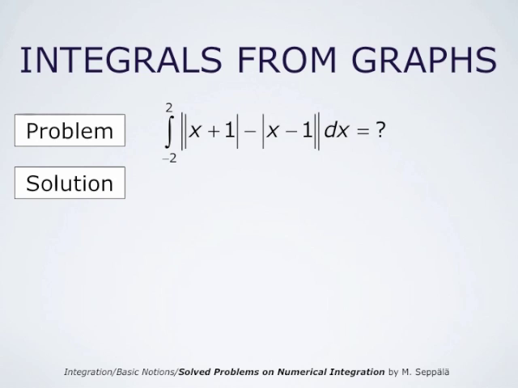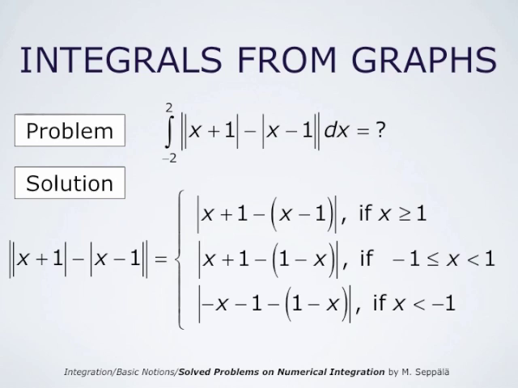Now we may plug these representations in, and we get that the function to be integrated, the absolute value of x plus 1 minus the absolute value of x minus 1, is the absolute value of the quantity x plus 1 minus, within parentheses, x minus 1.